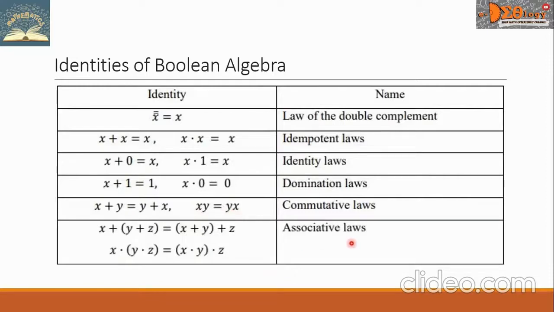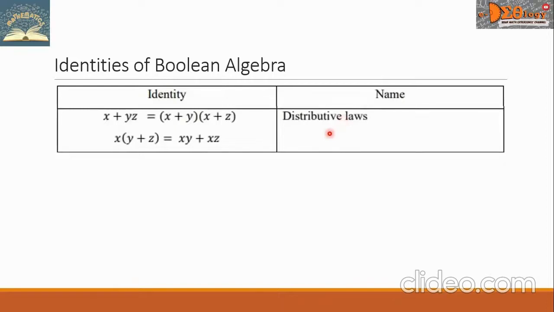Next is associative laws. The first part is x plus the quantity y plus z equals the quantity x plus y, then plus z. Second part, x times the quantity y times z equals the quantity x times y, then times z.